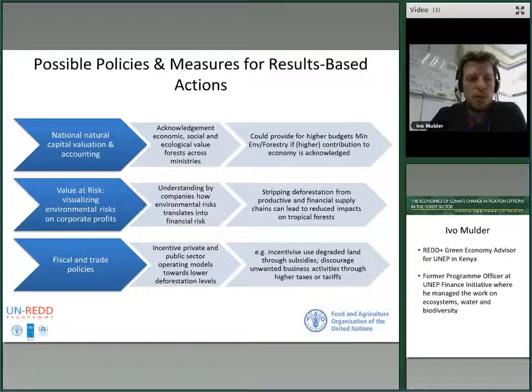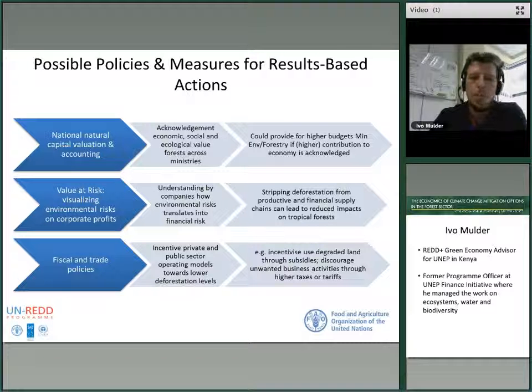National natural capital accounting and valuation can be helpful to inform governments about the economic value of forest ecosystems for the national economy. It could, for example, lead to a higher budget for ministries of environment or forestry if there's an acknowledgement within the cabinet that the contribution of forest ecosystems to gross domestic product is perhaps higher than previously thought.